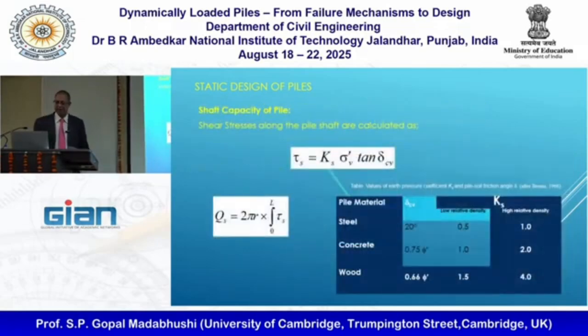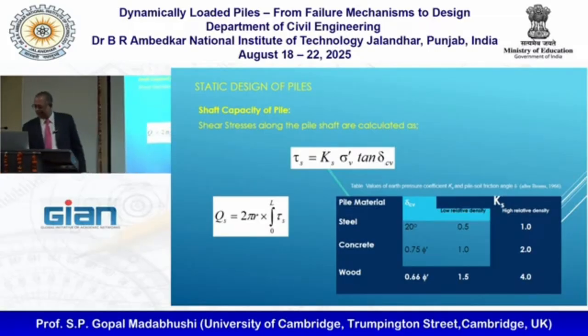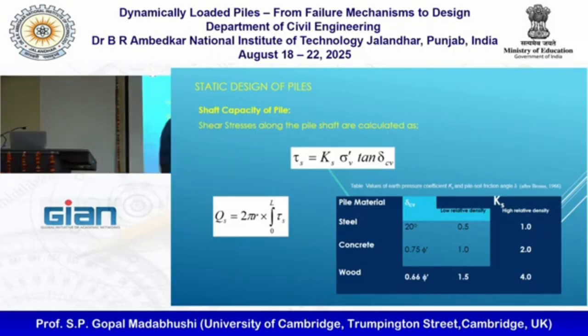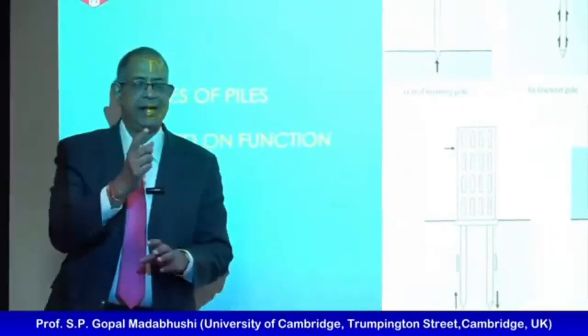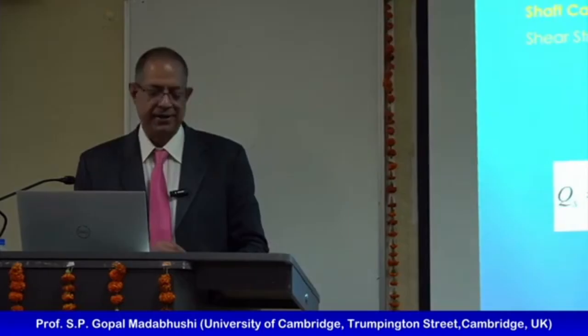What about shaft capacity? You can imagine that if I can estimate the shear stress acting on the pile all the way around, and if I integrate that along the length of the pile, I should get my shaft capacity.